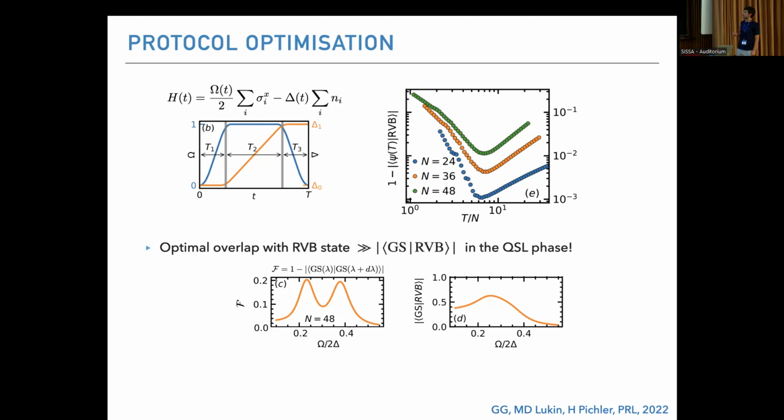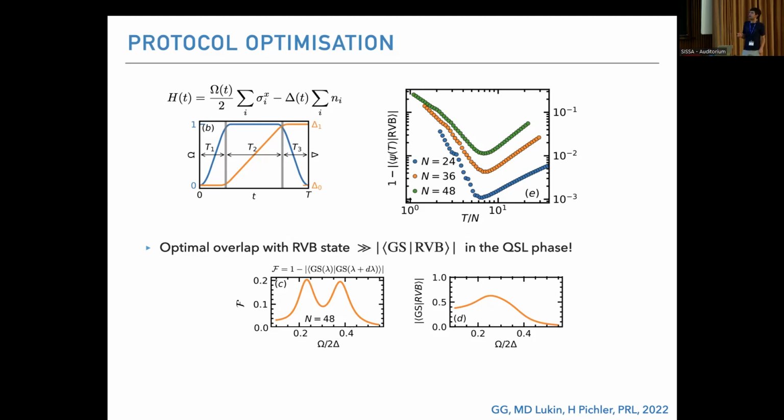And here you can compare it. For example, if you check what happens to the ground state, it has an overlap which, as I showed before, is much, much smaller than this one, which is the overlap with the final state as a function of the total time of the preparation process. And the idea is that if the total time is very, very large, you are going super slow, and you are essentially staying in the ground state.